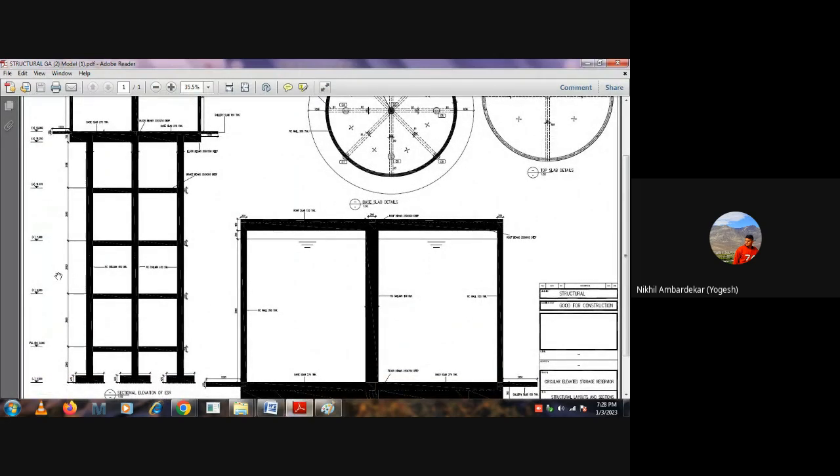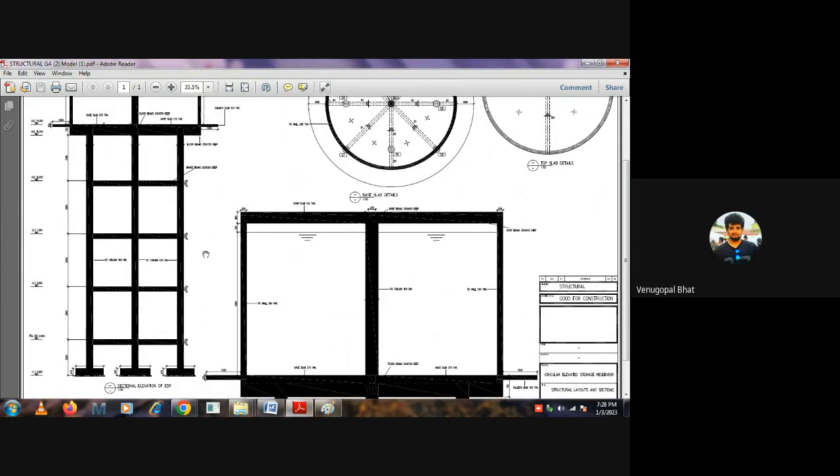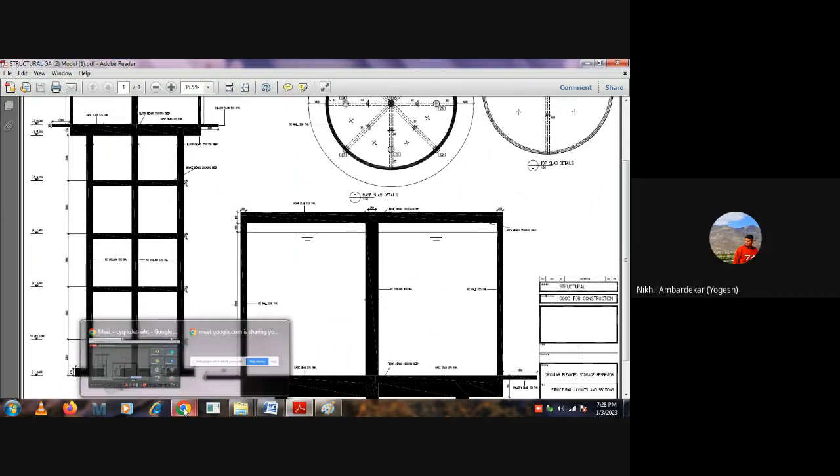What is the purpose of this cross beam? To reduce the effective height. Correct, absolutely correct. To reduce the effective height of the column. If we do not provide it, what happens? The column will be a slender long column.